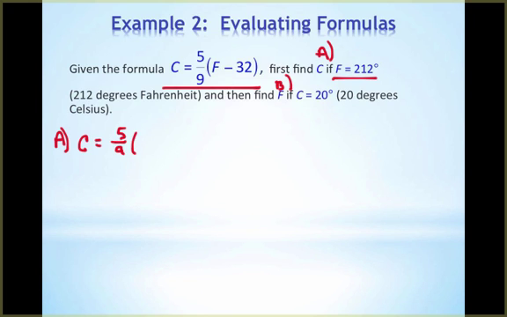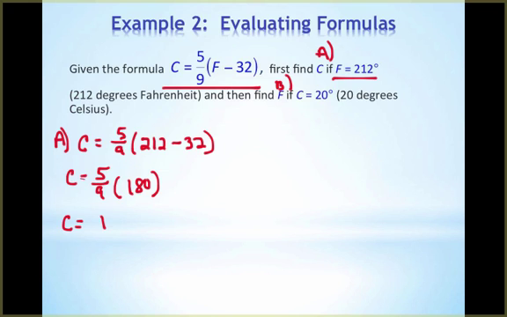We know the Fahrenheit temperature is 212. And now if we take 212 minus 32, we get 180. And then we can do 5/9 times 180, and we'll get 100 degrees. So 212 degrees Fahrenheit is the same thing as 100 degrees Celsius.